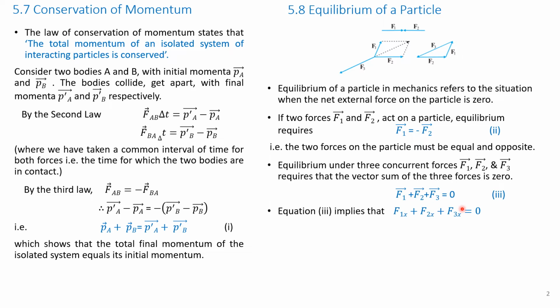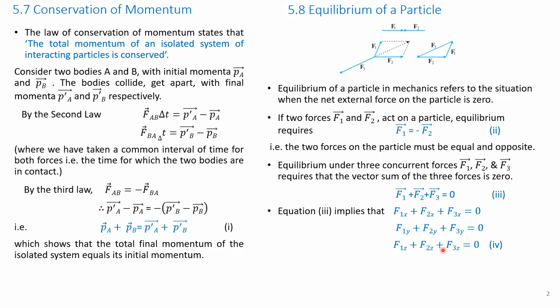We added vectorially. This equation, equation 3, implies that the respective components along the x direction, F1x plus F2x plus F3x of each of these forces, must be 0. Similarly, in the direction of y, F1y plus F2y plus F3y should be 0.